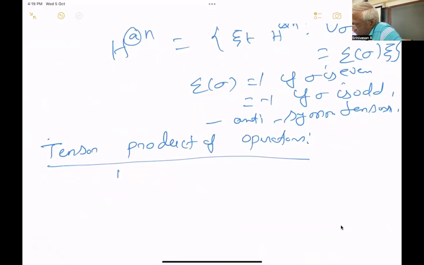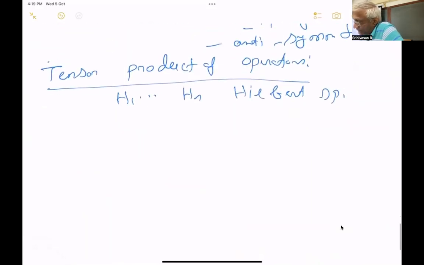If you have H1 to Hn Hilbert spaces, then H is equal to H1 tensor up to Hn.